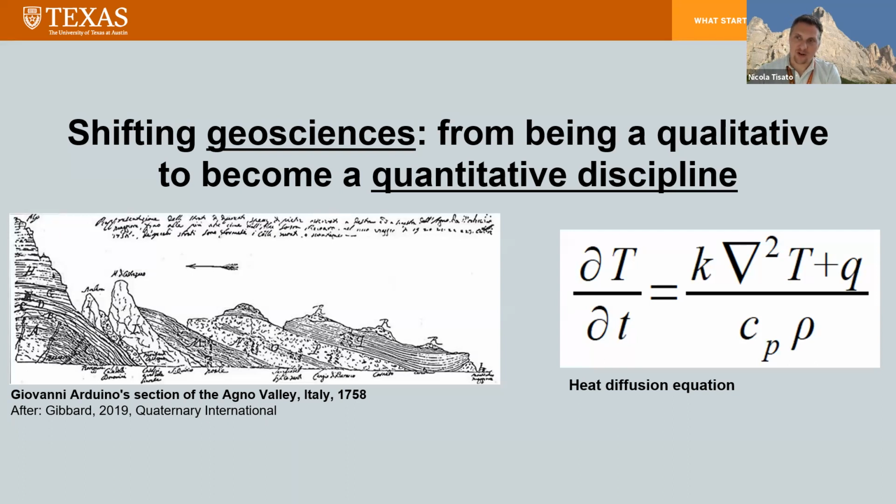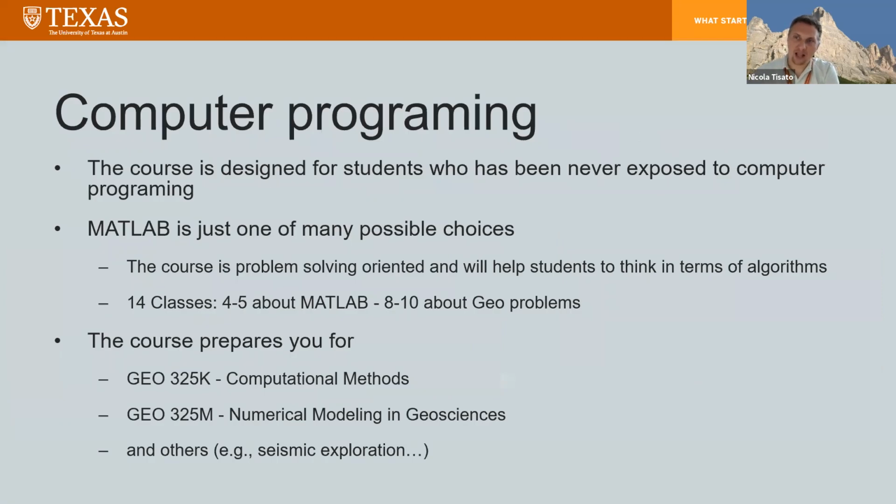So I'm sure that Giovanni Arduino, when he drew the sedimentary section on the left, he thought about the earth forces and the processes shaping those rocks, creating those faults and folds. And to describe those processes of deforming those rocks, he had to think about physics and chemistry, and also, of course, mathematics. So the course will help you to learn how to program a computer by using MATLAB.